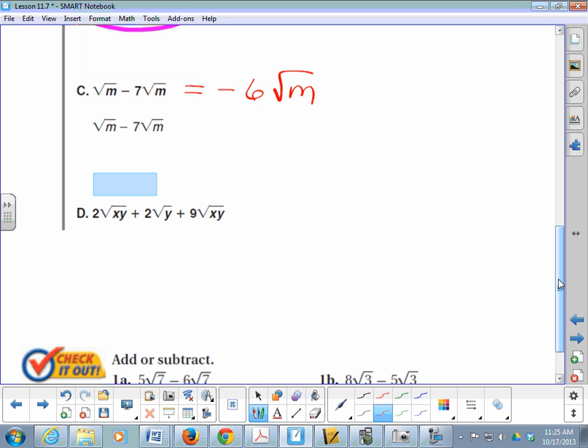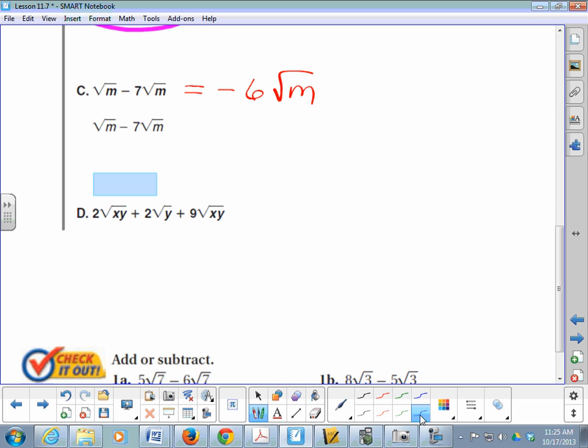Letter D. All right, Austin, can you help us out here? 13 square root of xy squared to the square root of y, right?